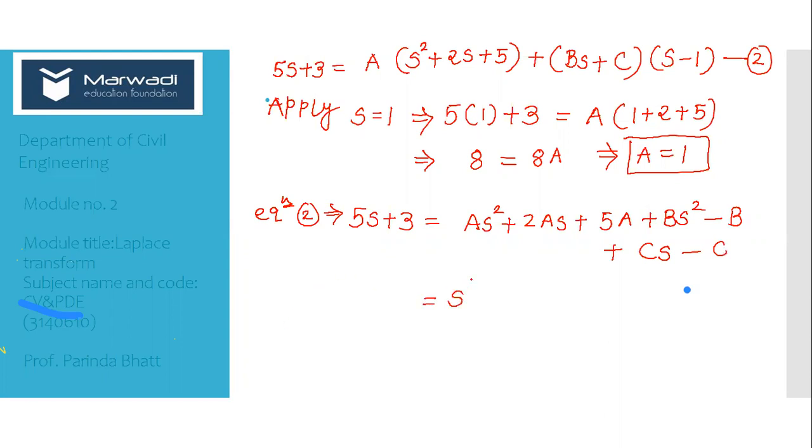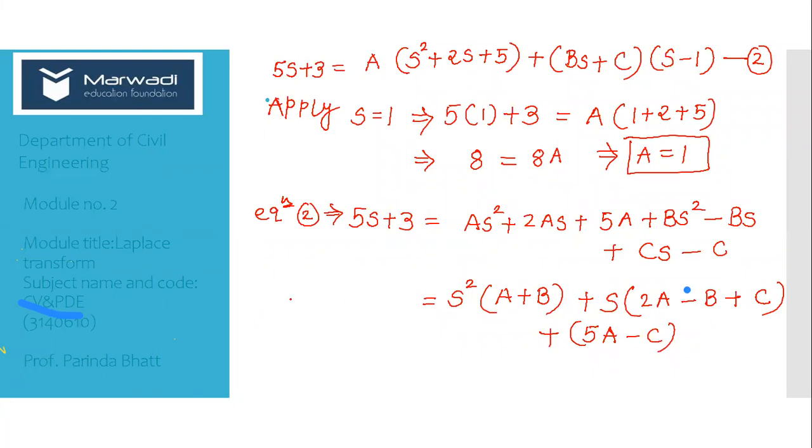Now s square term: a plus b; s term: 2a minus b plus c; the constant: 5a minus c.